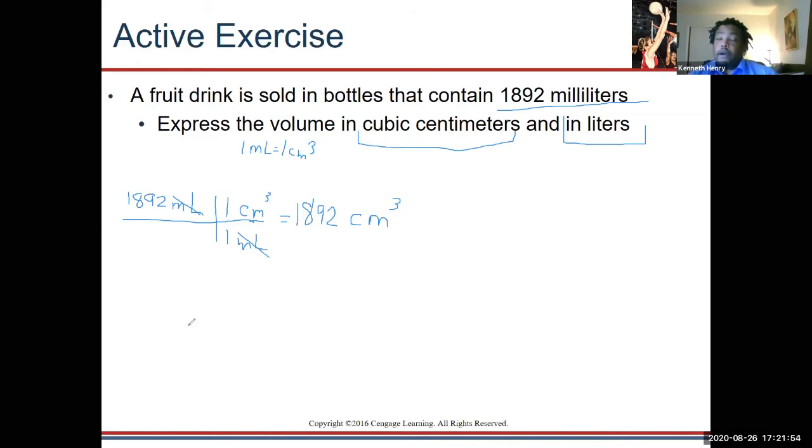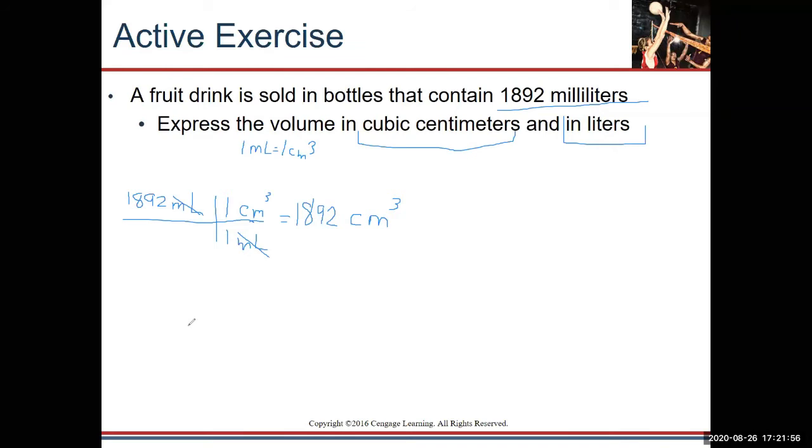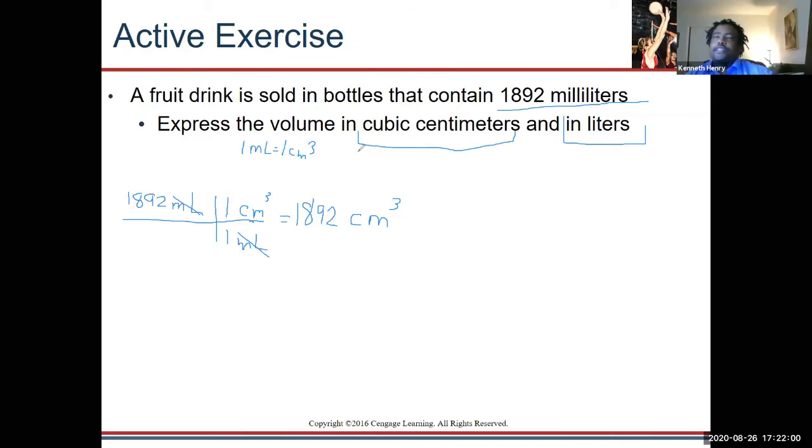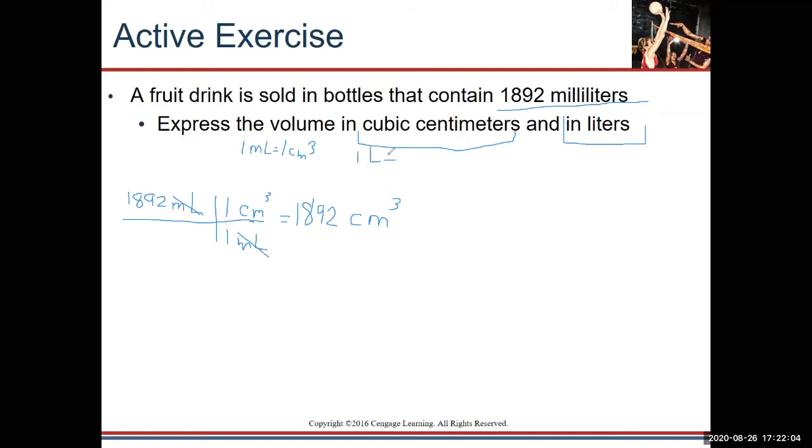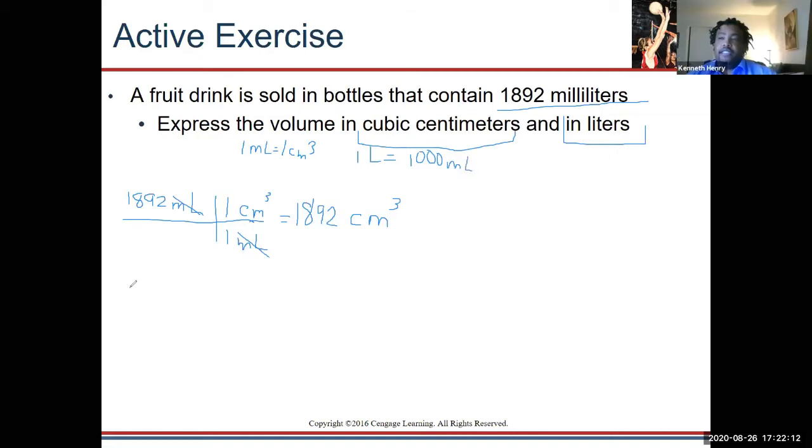Now if I wanted to change it to liters, how many milliliters are in a liter? 1 liter equals how many milliliters? 1,000. In that case, I'm going to start out the same way.